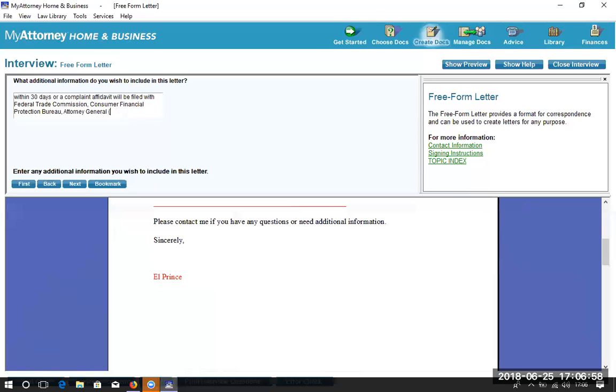We put this in brackets so that way you could just fill in whatever information it is you need to fill in. Attorney General of the state in which you reside in, you being I, not me in this instance, but make this personal, put yourself in the first person perspective. So the state in which you reside in, right?